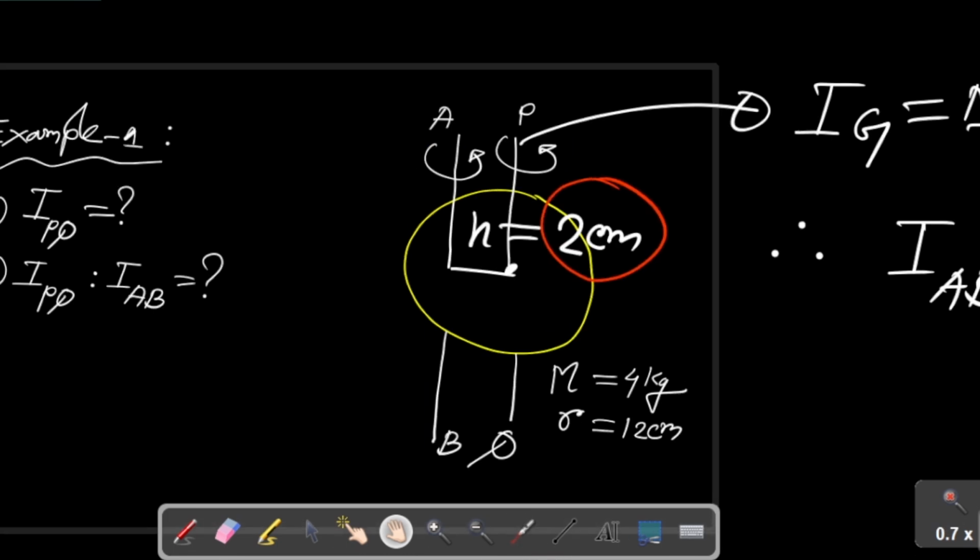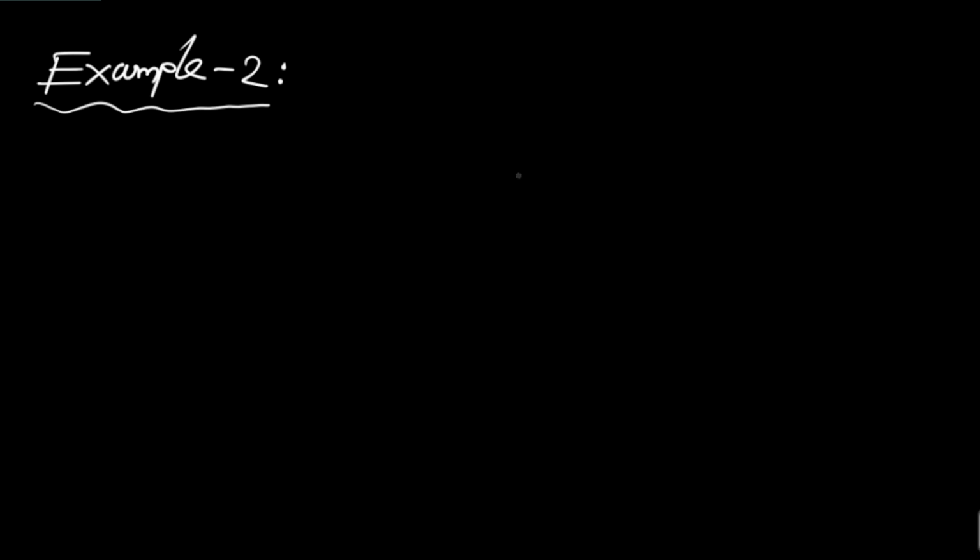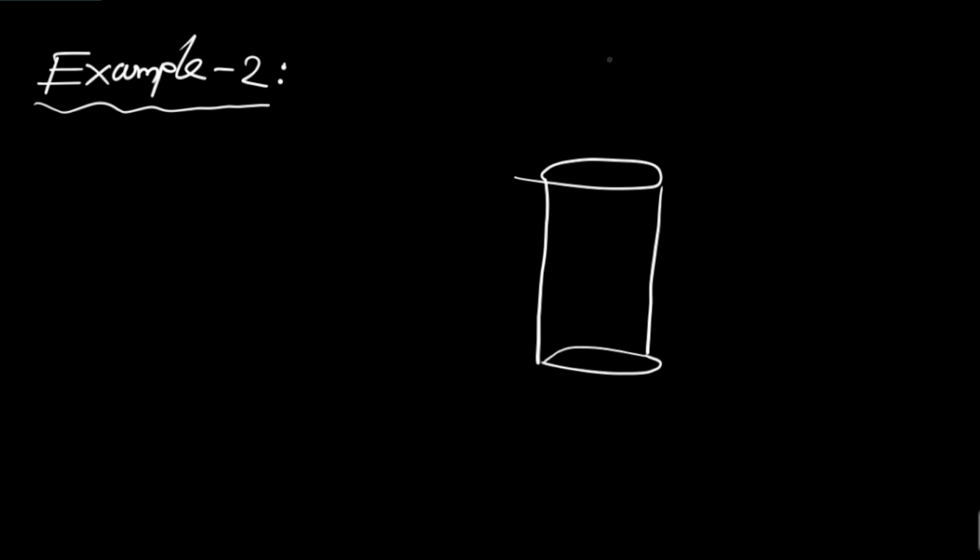My next problem will be like this. These problems are also very special. Example 2. Okay, example 2. These problems will be like this. Suppose this is a cylinder. Okay, and this is the rotational axis. This rotational axis passes through the center of gravity, and the name of this axis is x prime.